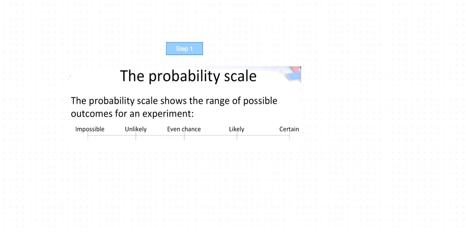Impossible on your left-hand side, certain all the way to the far right. Impossible being 0 and certain being 1. So everything in between is going to be a fraction, right? Everything in between represents a fraction, and the certainty goes up to 1. All right, we're going to get more into that.